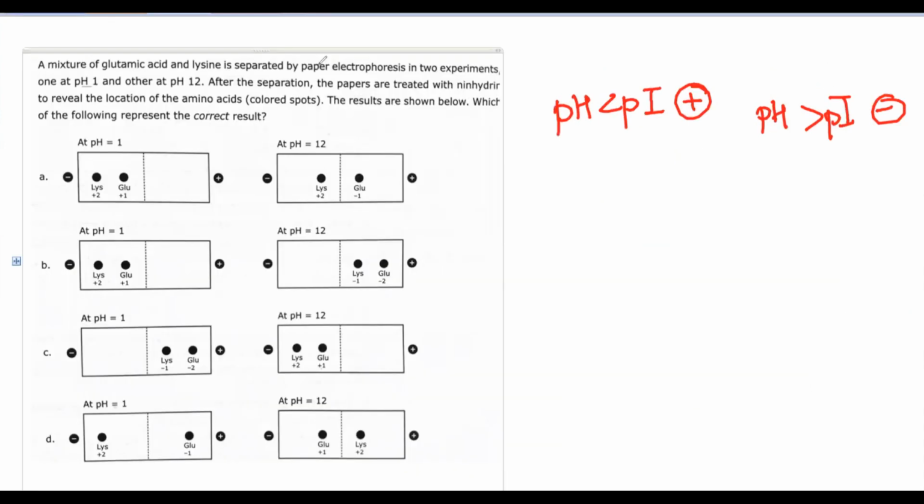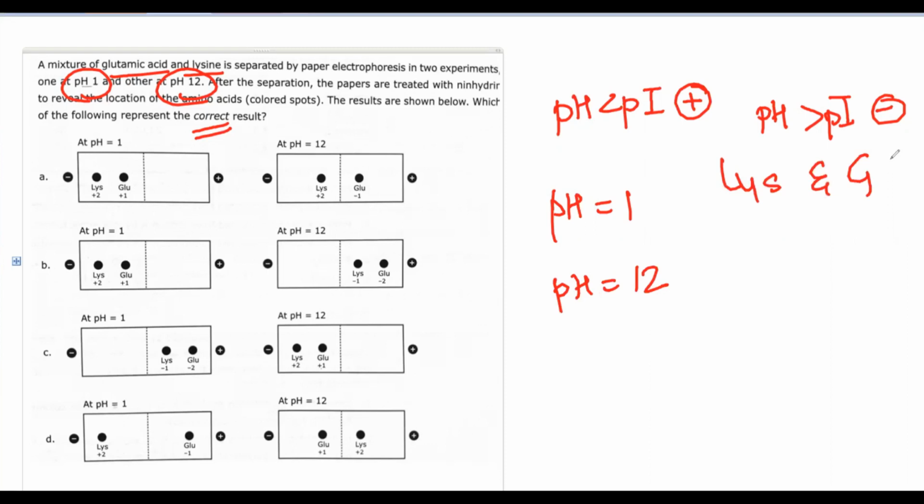So let us solve a question now. The question says a mixture of glutamic acid and lysine is separated using paper electrophoresis at these two pHs. Okay, and they have given you the result below and they're asking you which of these would be correct. Now this is what we just discussed, the two conditions when your amino acid would have what charge. Now in the question they have given you two pHs, pH 1 and pH 12, and amino acids lysine and glutamic acid.